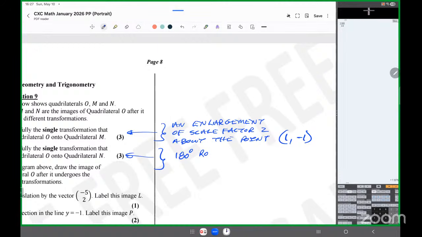So 180 degrees rotation clockwise or anti-clockwise, your choice, about the origin.